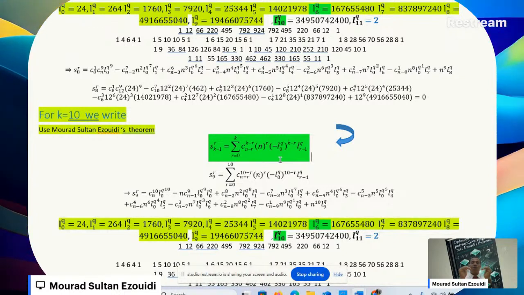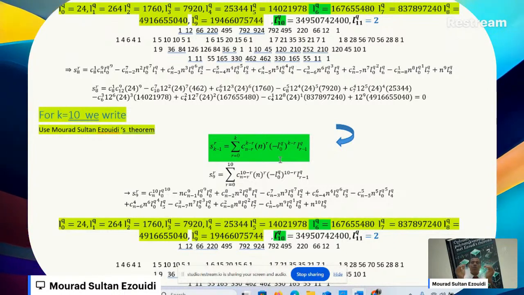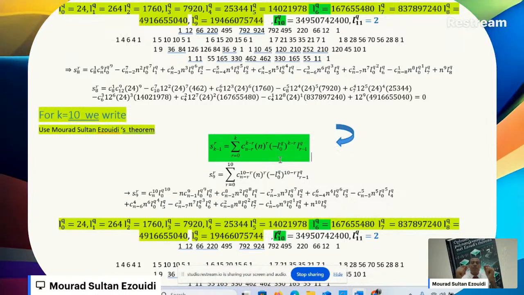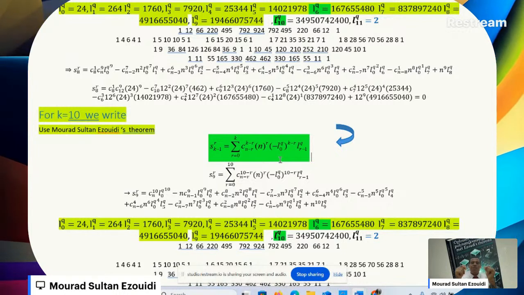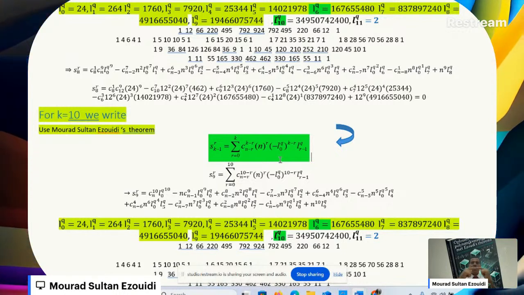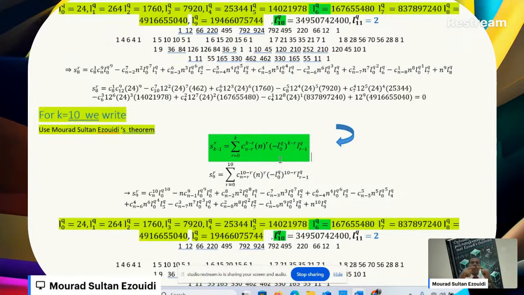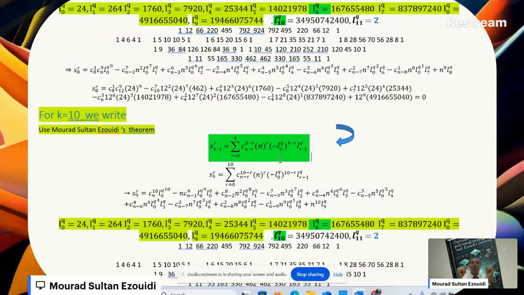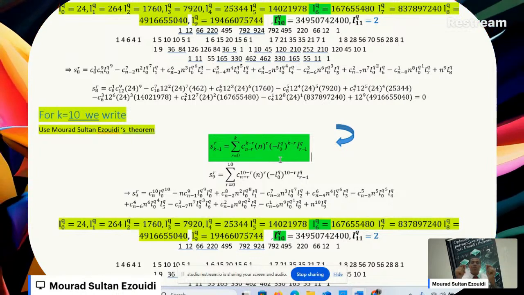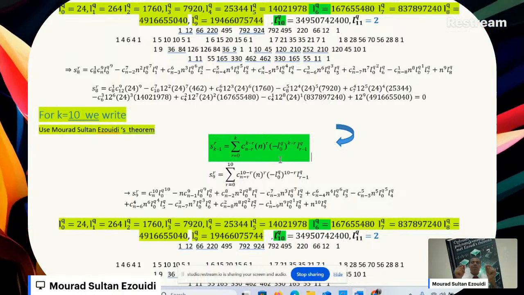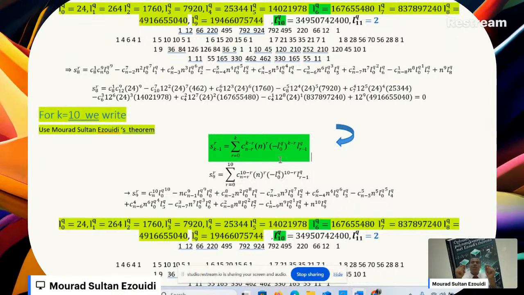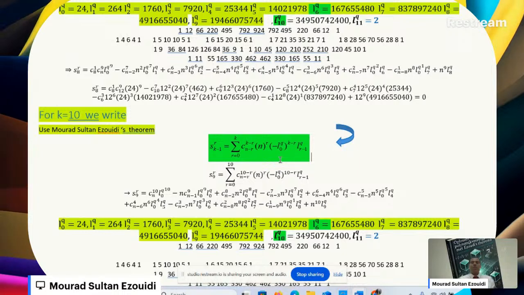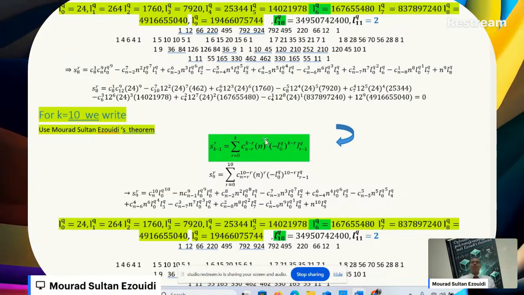Meaning our original 12 degree equation has a unit of 12, a new 12 degree equation. And this new 12 degree equation admits or has infinity of 12 degree equations, of course relating to this formula.